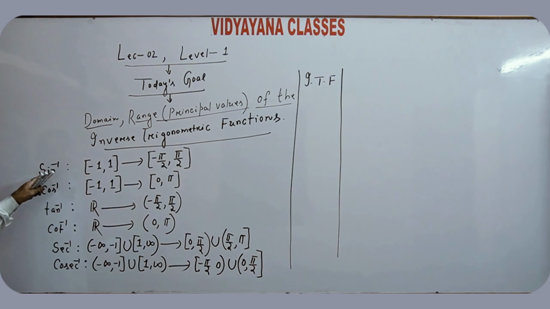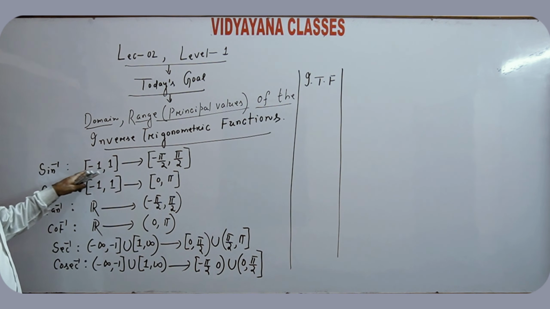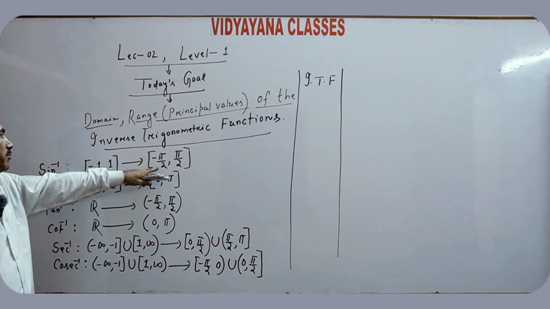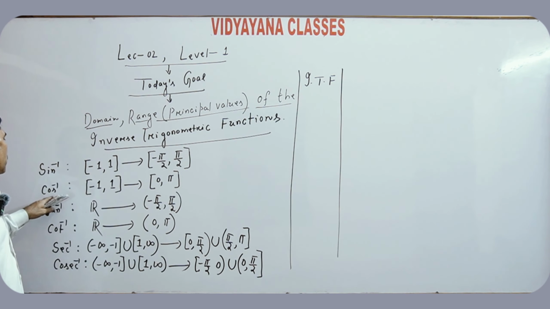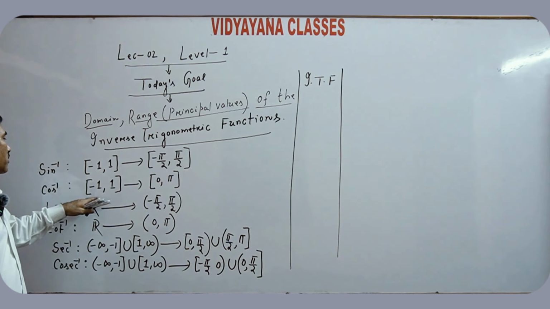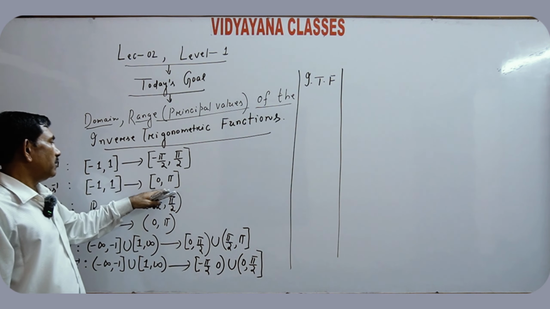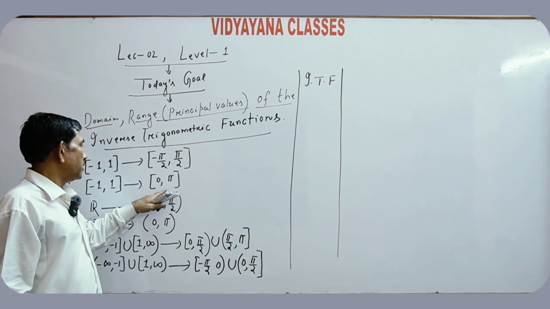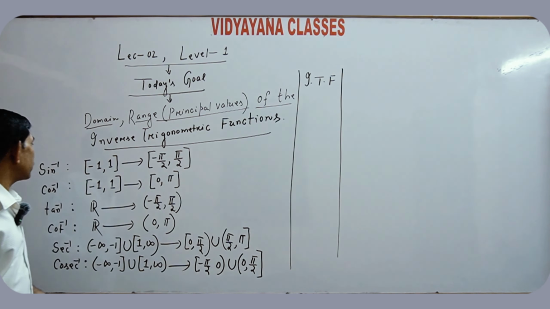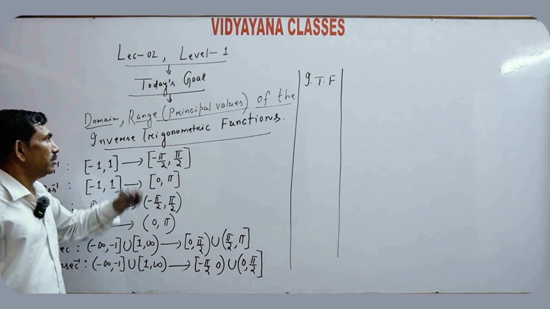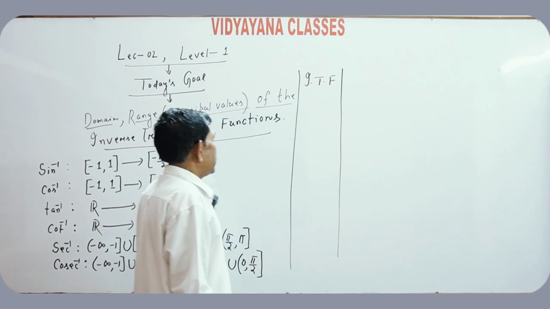That means when sin inverse operates on this, it gives the images this. Cos inverse operates on this set, gives the images as this set. It is the domain set, it is the range set.